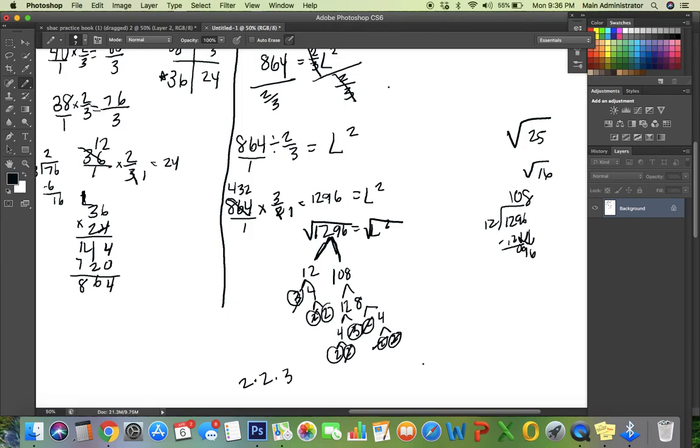I have this 2 and this 2. And let me see if I did something wrong here. Oh, whoops. 12 times 8 does not equal 108. It's 12 times 9. Okay, there's a mistake I made.